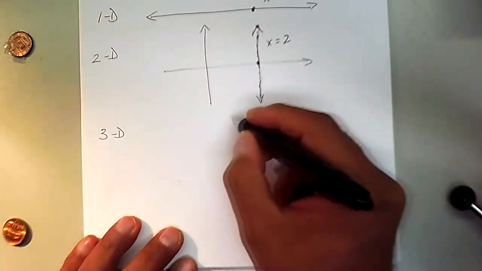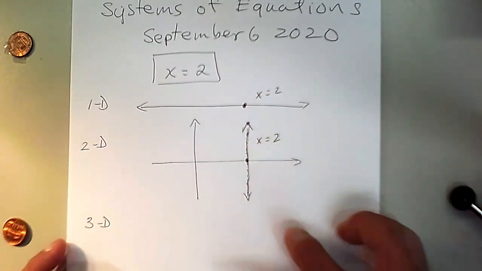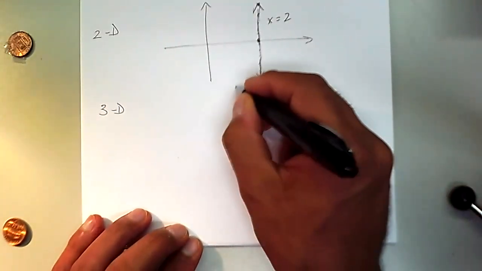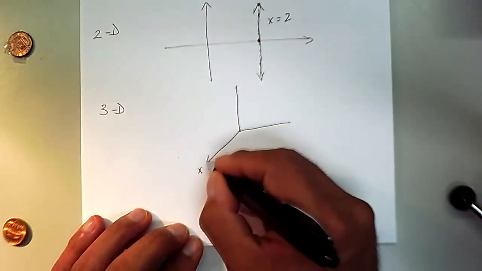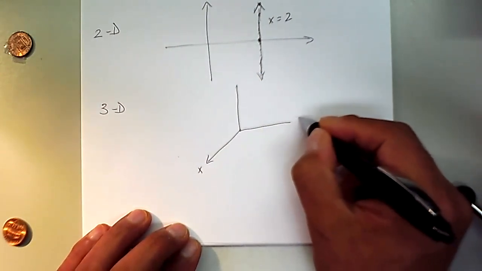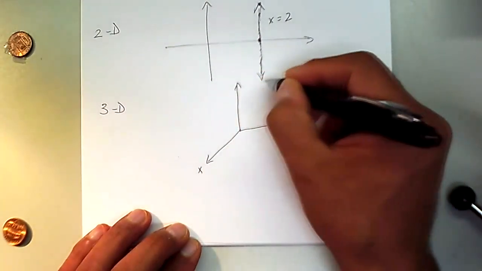I have to change the picture. I was lining those two up, so the 2 lines up with the 2. But now in 3D, we have to draw things a little differently, because typically the x-axis goes towards us. The y-axis goes to our right as we look at this, and the z-axis goes up.